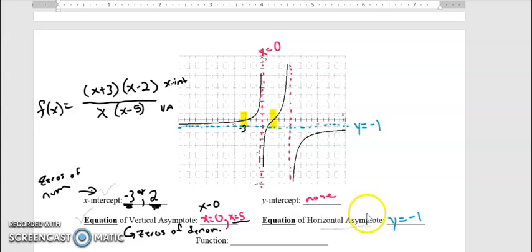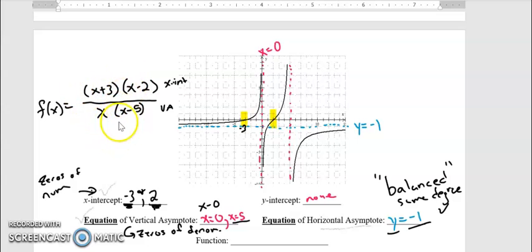If you have a non-zero horizontal asymptote, like y equals a number like this, like I was saying earlier, that's when you're in the scenario where you have a balanced rational expression, meaning same degree in the numerator and the denominator, which we do have already in the equation because we have degree 2 on top, degree 2 on the bottom. 2 factors on top, 2 factors on the bottom. So this is balanced the way we want it to be.